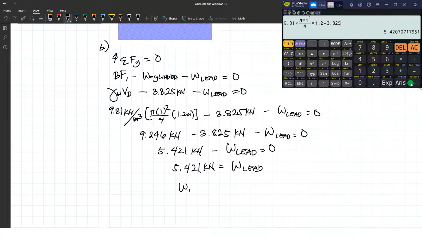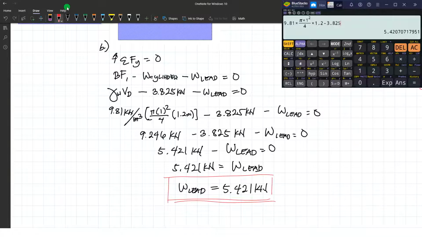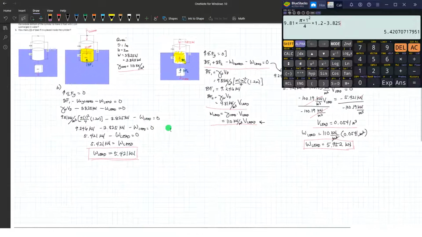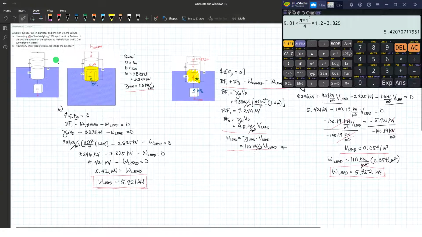Okay, or the weight of lead is equals to 5.421 kilonewtons. So that's the answer. So that's it. That's how you solve this problem right here.